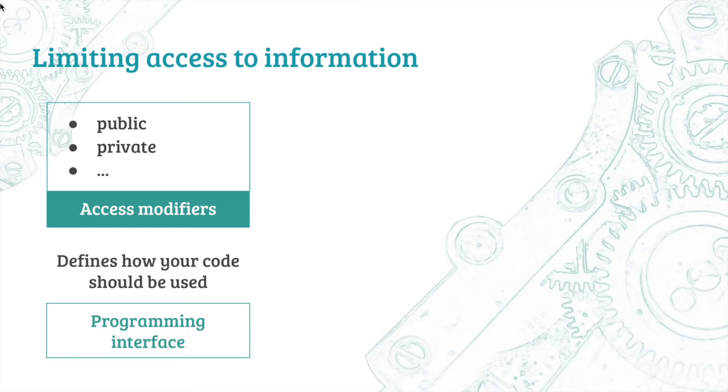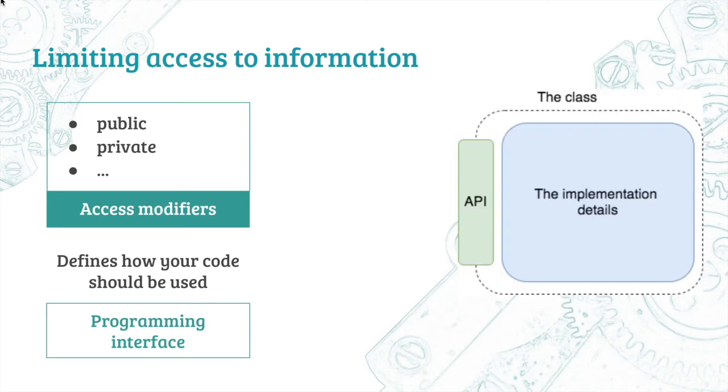A programming interface tells what a class can do. You can look at your class in this way. Everything that can be accessed or used by another class forms the API of your class. In other words, it's the programming interface of your class. And all the rest can be considered implementation details.